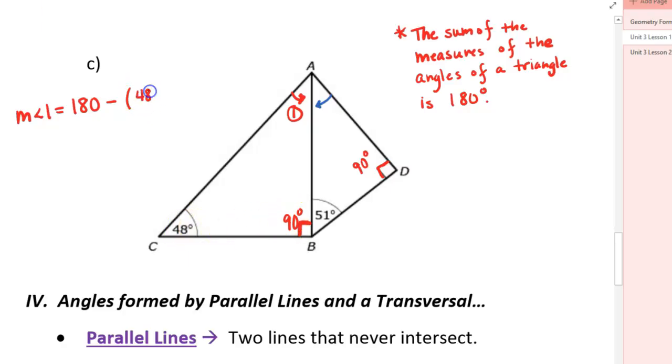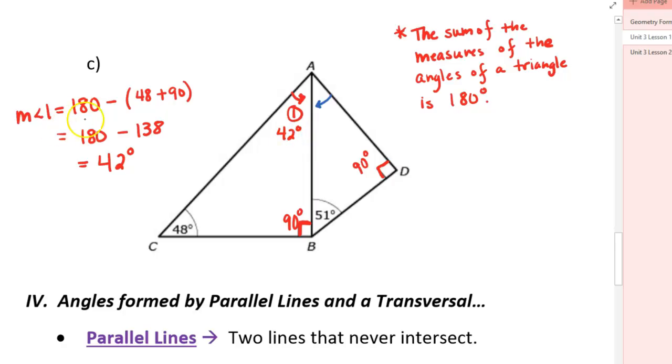So 48 plus 90 is 138. So 180 minus 138 is equal to 42. So the measure of angle 1 is 42 degrees.